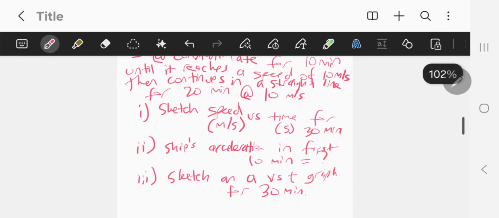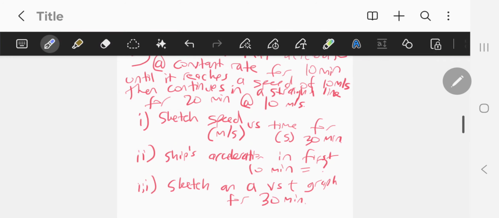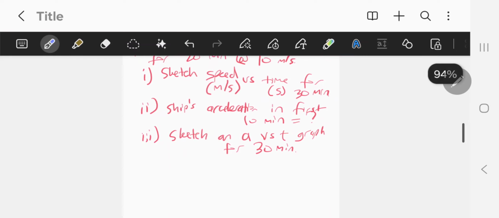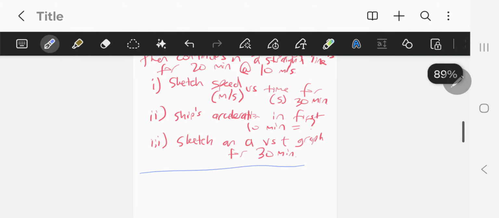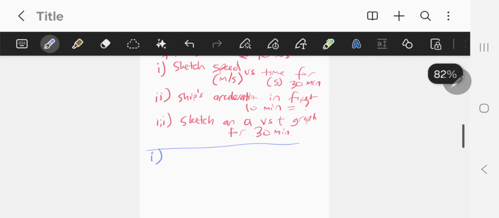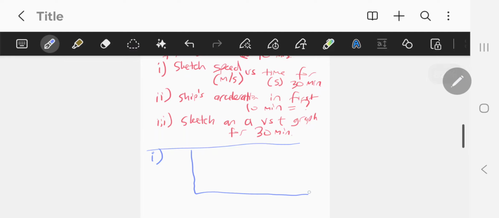Okay, let's unpack all of this. It's really not that hard if you think about it. We need to sketch a speed versus time graph for 30 minutes. That's part 1. Time is always, 99% of the time in physics, on the x-axis, t, in seconds. You've got to put your units there as well.